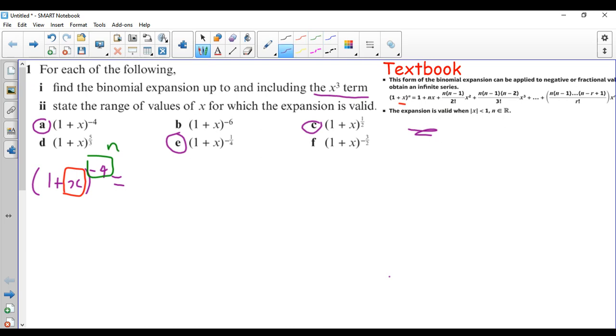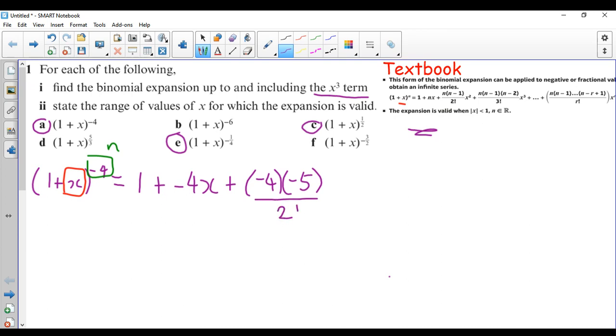So this should be a simple matter now of literally just filling in the formula. So I've got 1 plus nx, so that's minus 4x, plus minus 4 times minus 4 take 1. So I'm going to simplify that immediately. It makes life a little bit easier.